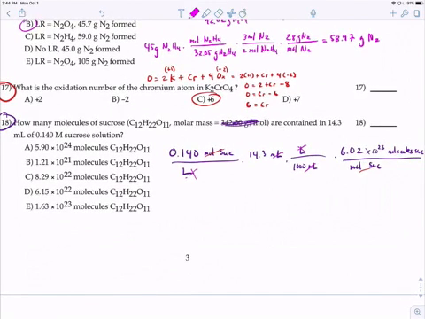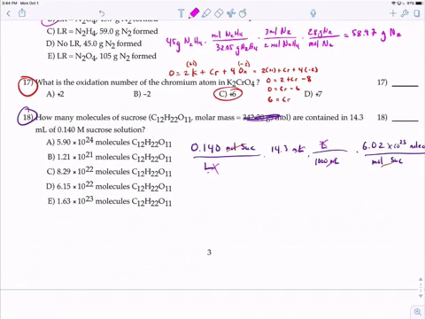So that would be 10 to 20, 14 times 24. So that's going to be about 9 times 10 to the 20th. Okay. So it's that one.